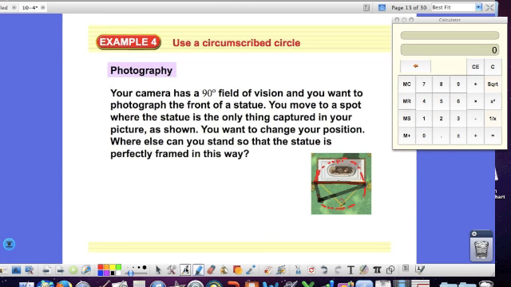You could stand like there. Let me go back to the highlighter because I like that thick line. You could stand over here. The point is that you could stand at other points if you made a circle.